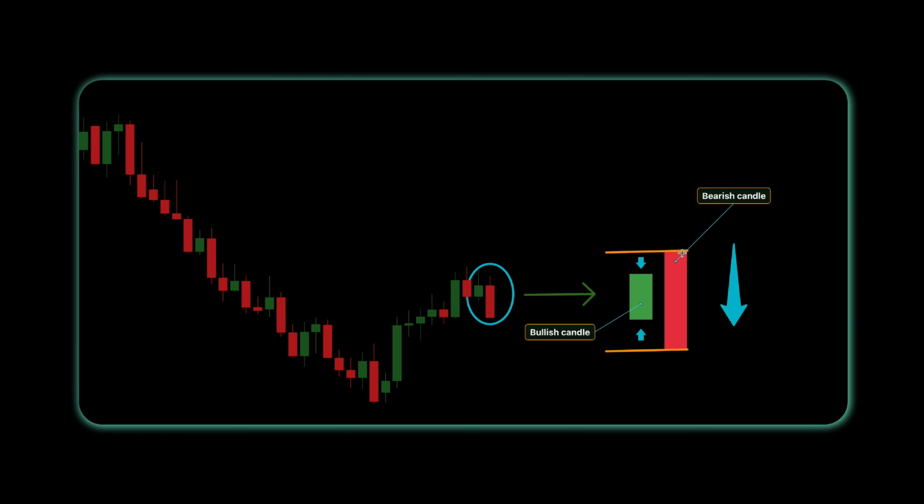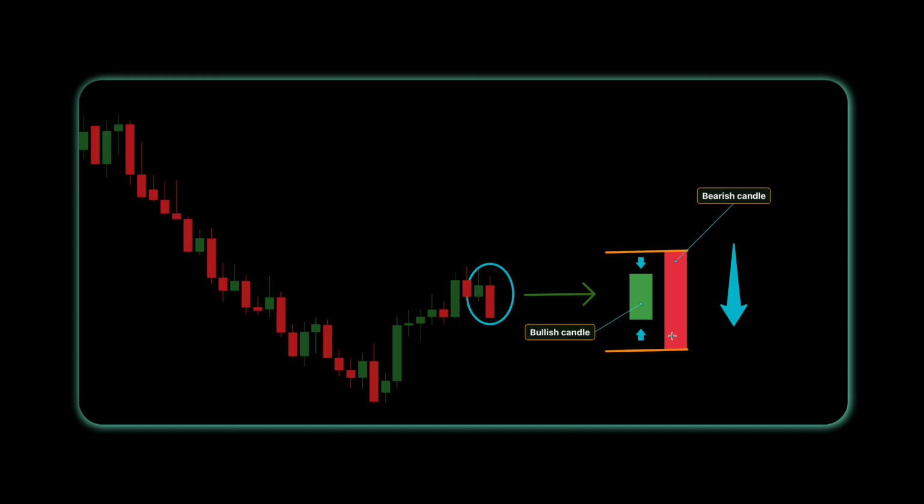Also here, what is important is that this big bearish engulfing candle should engulf this bullish candle, so it should be within the body of the bearish engulfing candle. You'll notice that sometimes it's equal to the body, like in most examples here, and that is accepted too, as long as it's within the body of this bearish engulfing candle.